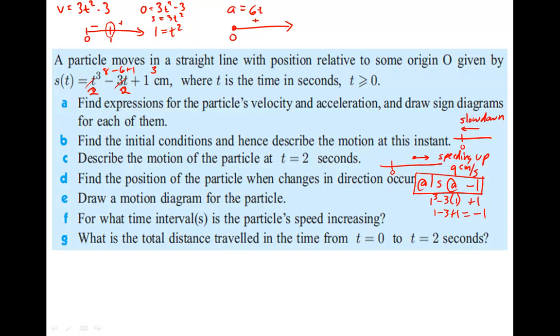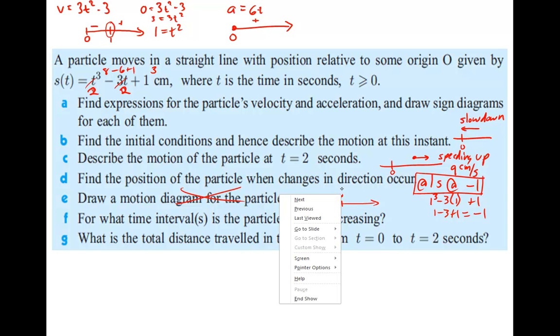Okay, so just kind of thinking through various ideas. Draw a motion diagram for the particle. You know what, we're going to skip that because I think that it's boring. Really all that is you're drawing a number line and you're saying, okay, well, here's my 0 at time 0. We talked about before at time 0 the position was at 1. So I could put my 1 down and I'd say, okay, here's time equals 0, and then at 1 second, where am I?